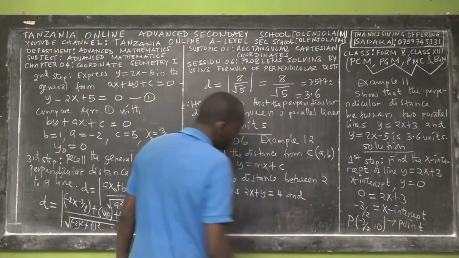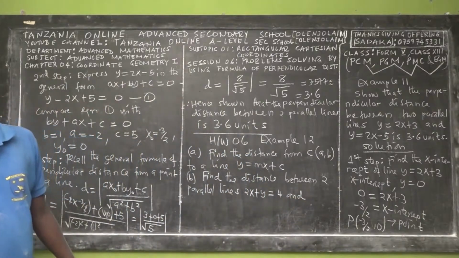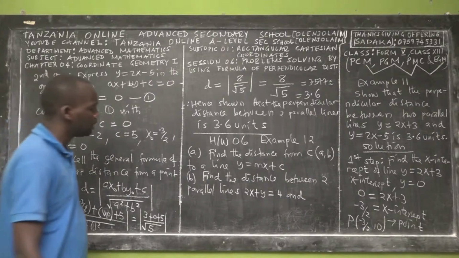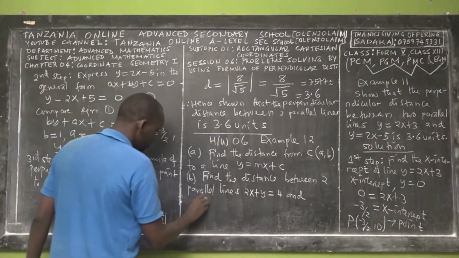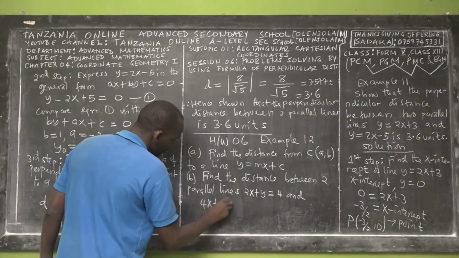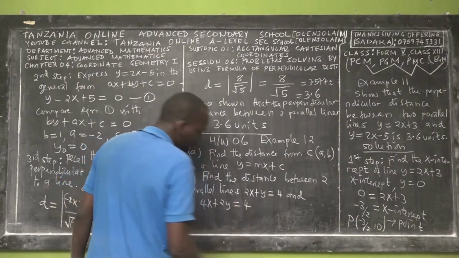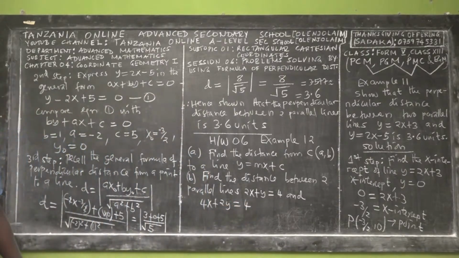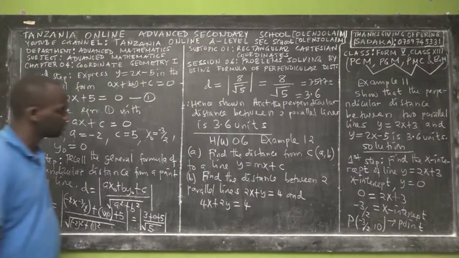And another line is what? 4x plus 2y, and this is equal to 4. This is equal to 2.